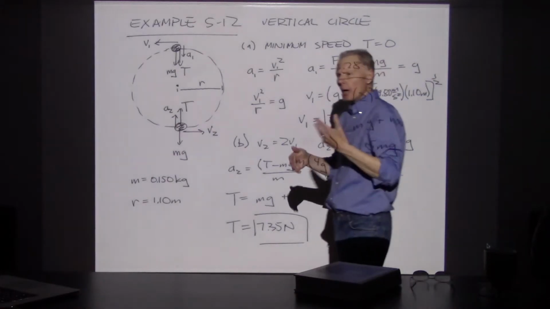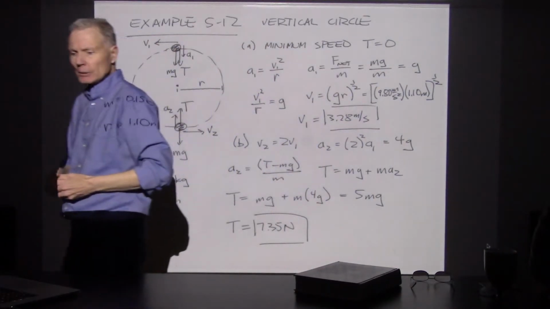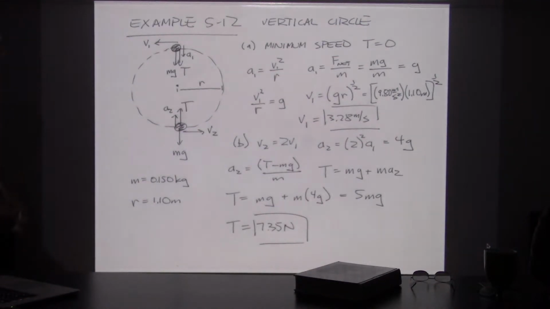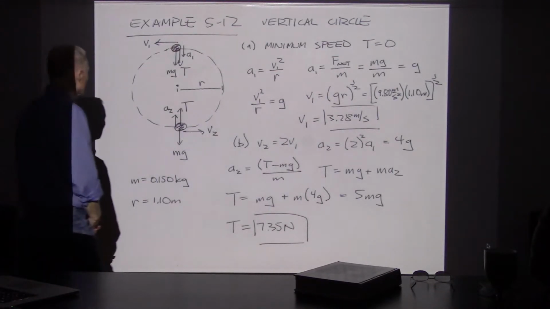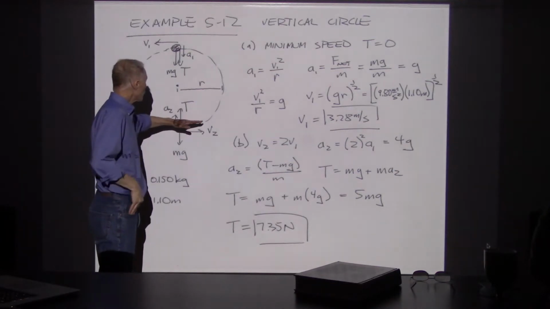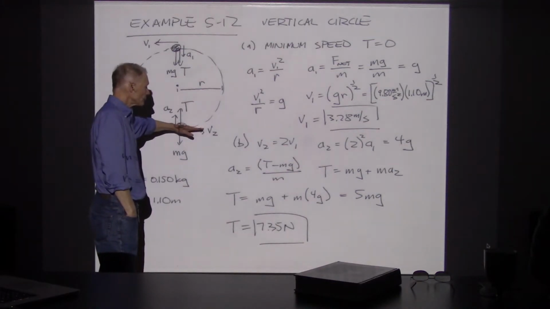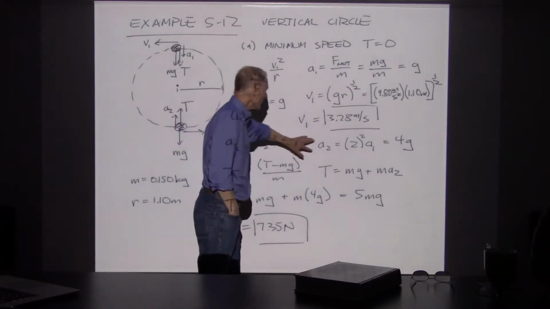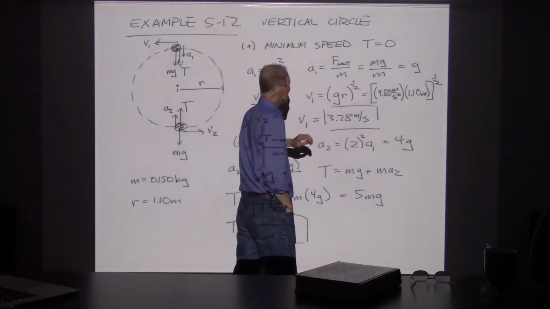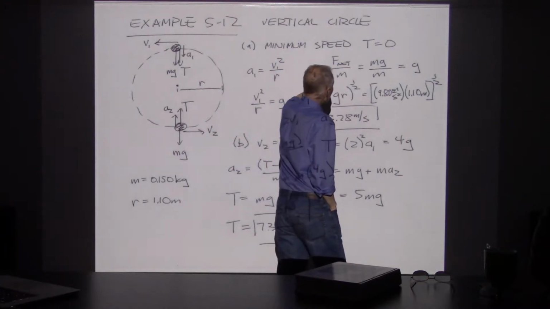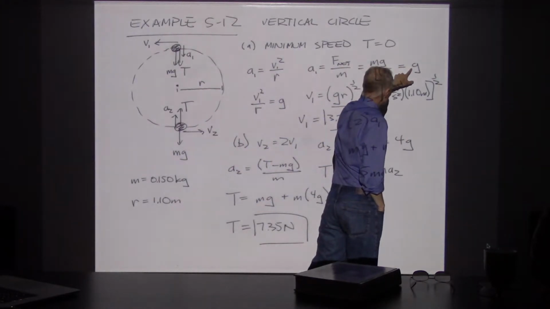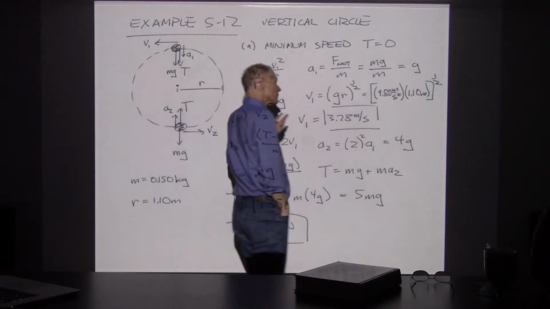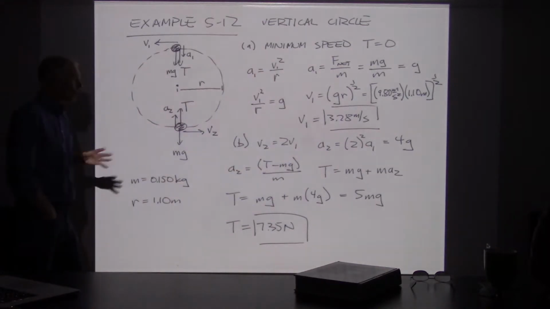And then we said, imagine at the bottom that the speed is going to be twice as large. Now, if the speed is twice as large, the acceleration will be 4 times as large. At the top, the acceleration was g. So now the acceleration at the bottom is going to be 4 times g. It's going faster.